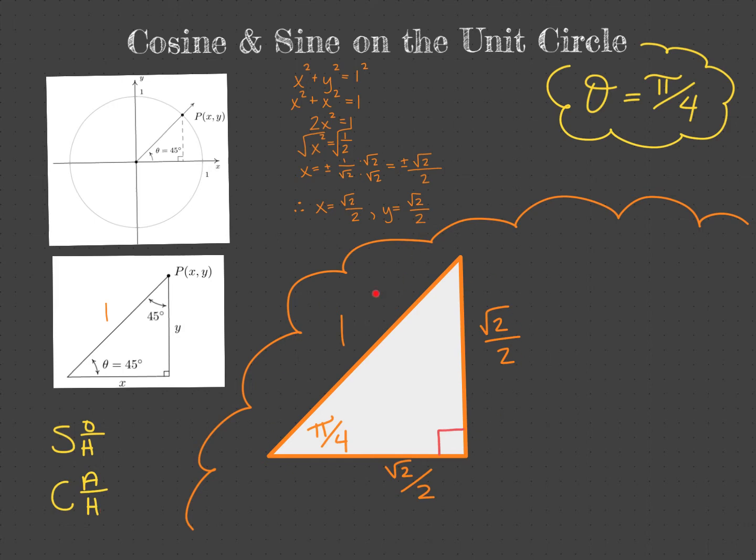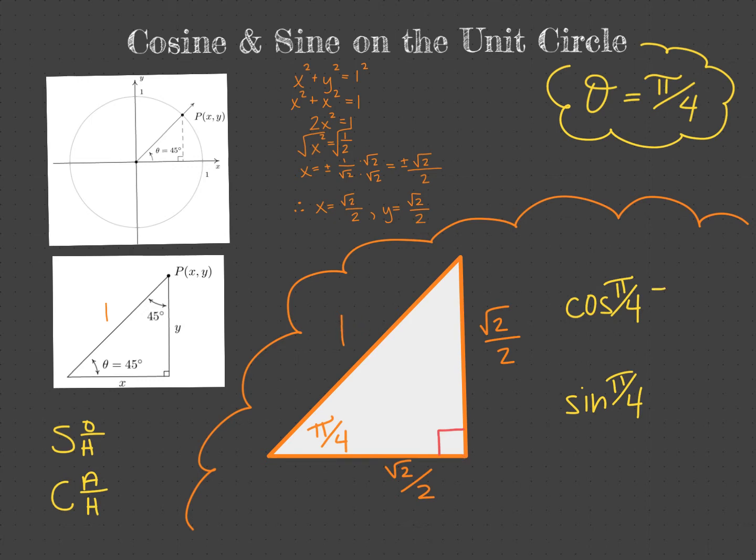So if we look at our pi over 4 triangle, and we want to find the sine of pi over 4 and the cosine of pi over 4, we see the cosine of anything, this angle down here, pi over 4, the cosine is adjacent over hypotenuse. The adjacent side is root 2 over 2, and the hypotenuse is 1.